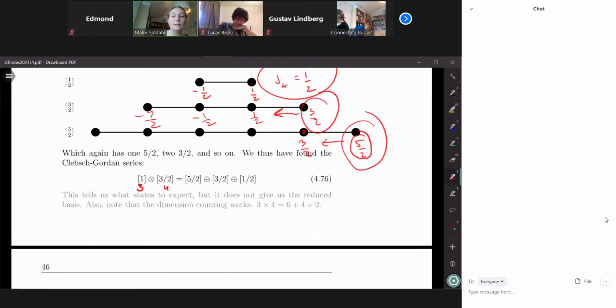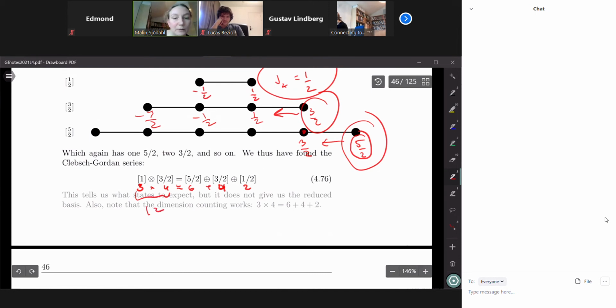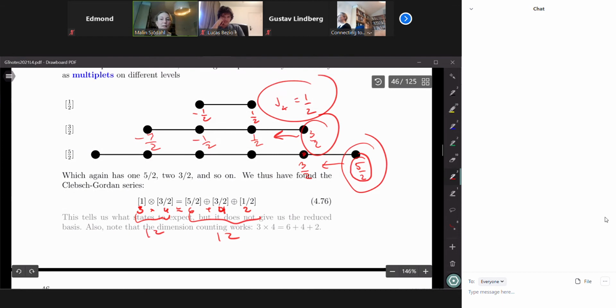This should equal the number of states in the 5/2 representation, that is 6, plus the number of states in the 3/2 representation, that is again 4, and the number of states in the 1/2 representation, that is 2. Now 3 times 4 is 12, and that is indeed also the sum of these numbers. So we are unlikely to have missed anything, so it's with very high probability correct that this is what we get.